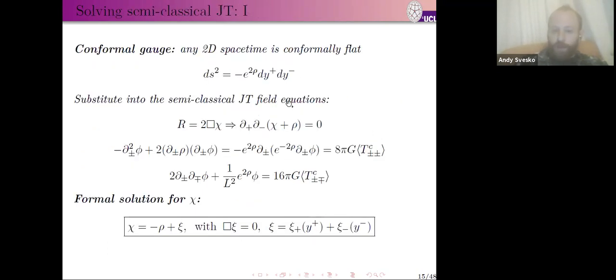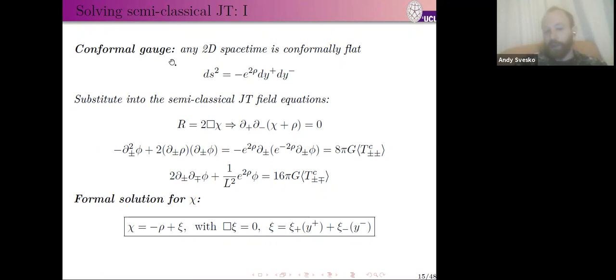Now I want to spend the next few slides showing some of the details of how to solve the semi-classical JT model. This is a really great exercise for students who want to study quantum fields in curved space and backreaction. The first thing we're going to use is a nice feature of 2D spacetimes, which is that any two-dimensional spacetime is conformally flat, where y plus and y minus are just null coordinates that I've introduced.